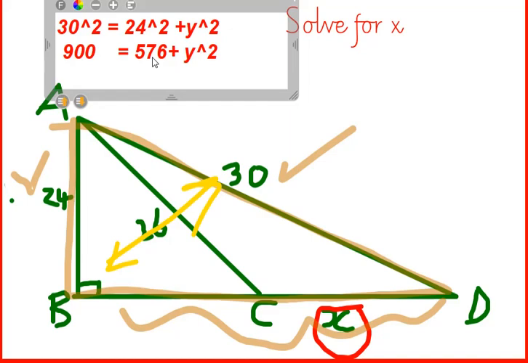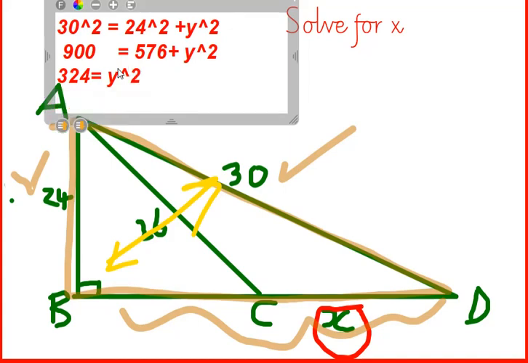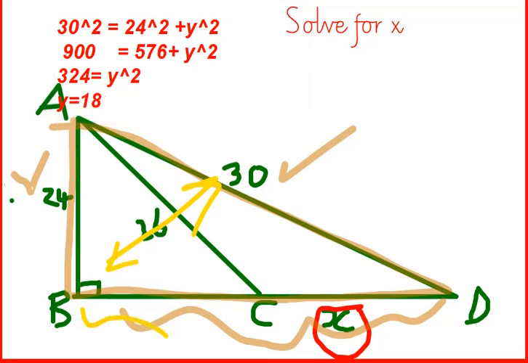So we're going to say 900 minus 576, and we get the answer to be 324. And that is equal to y squared. So to get y itself, we square root that 324. So y is equal to 18. That means this whole part from B to D is 18.